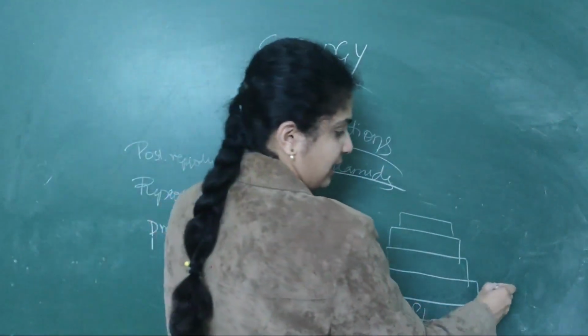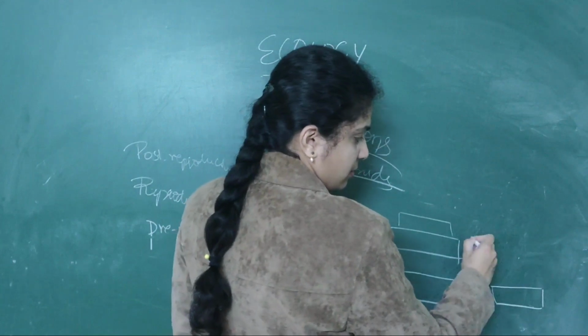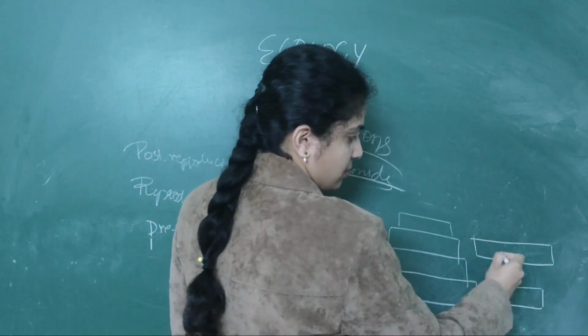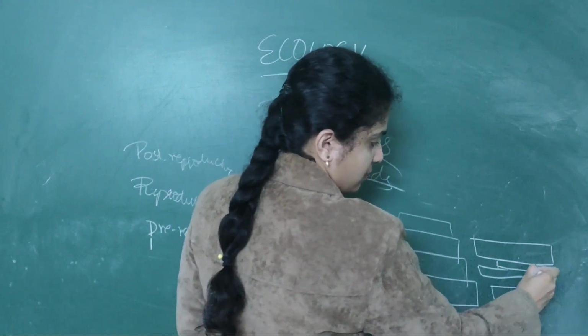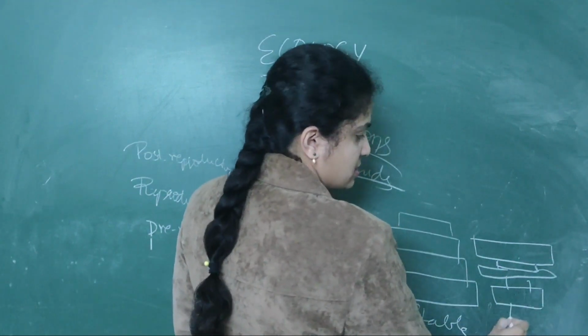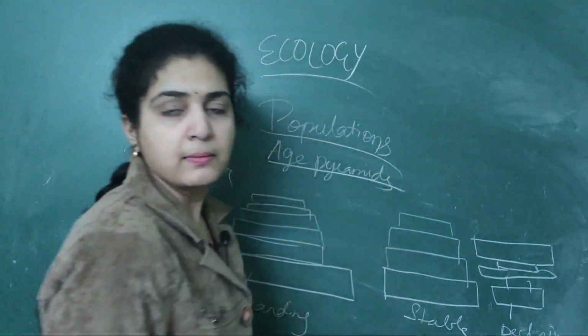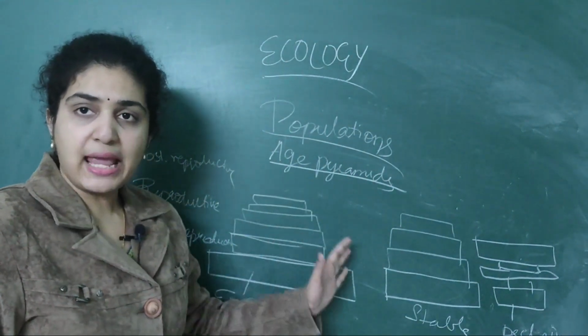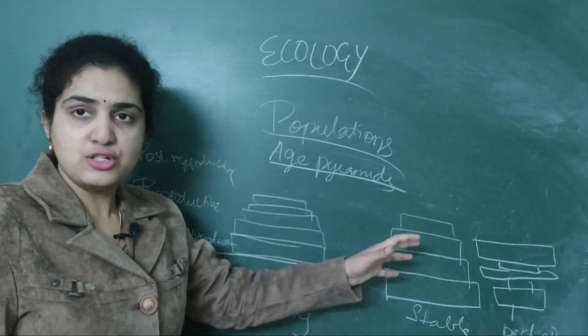When you come to declining population, this you say as declining population. So these are the three age pyramids which you are going to depict in an age pyramid.